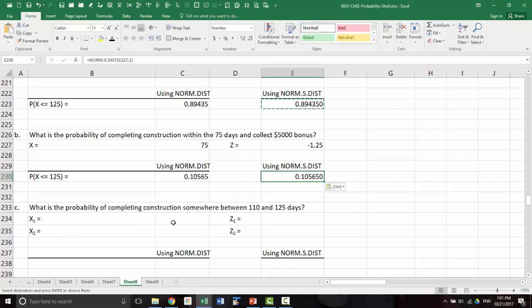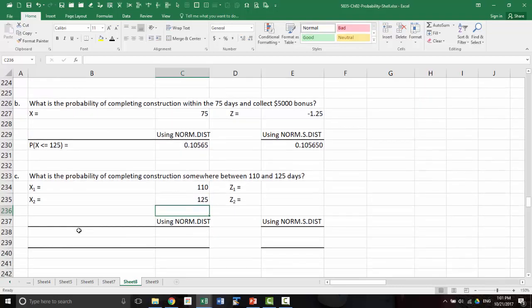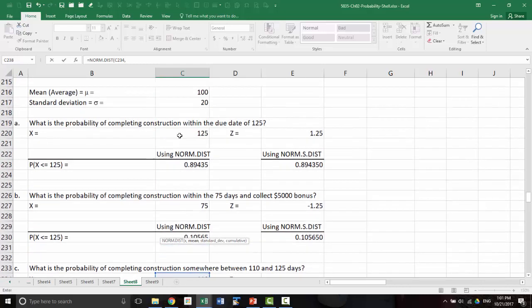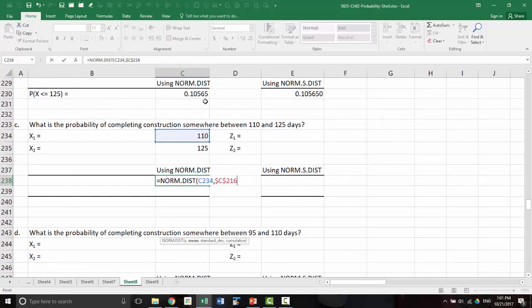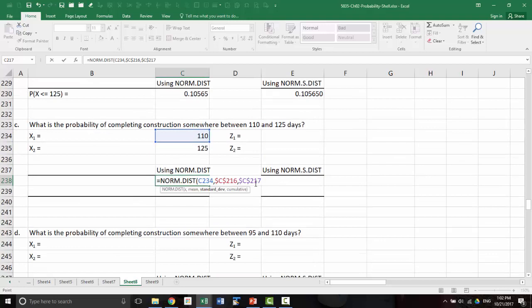So what is the probability of completing the project between 110 and 125 days? So here, if you use the NORM.DIST function, now we have to do the mu and sigma separately, right? So that's going to give us, okay, again, absolute reference that.